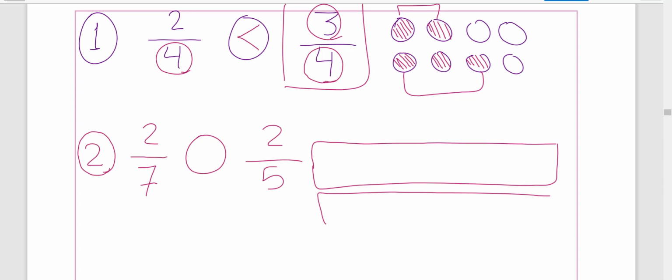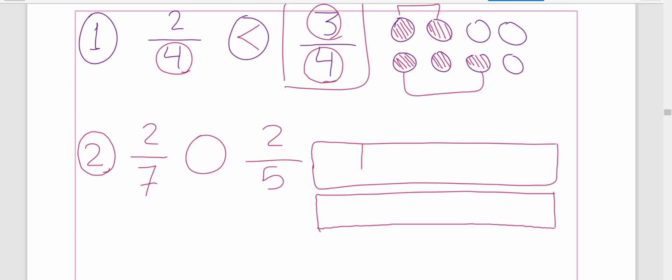Divide the first model into 7 equal parts: 1, 2, 3, 4, 5, 6, 7.